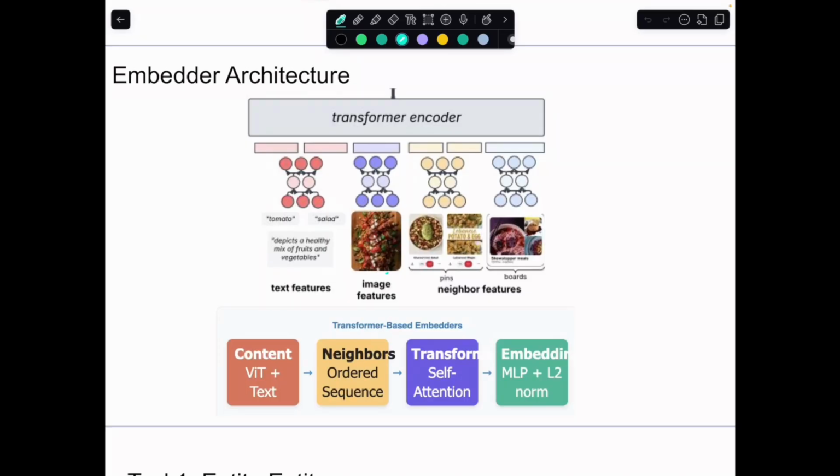But how are those graph neighbors used? The biggest innovation in this paper is their usage of graph neighbors. When they're trying to encode embeddings for a pin or a board, they not only take the content features, the text features and image features of that target, they also look at the features from the graph neighbors. For example, this is the target pin, and they also look at the neighbor pins and neighbor boards' content features.